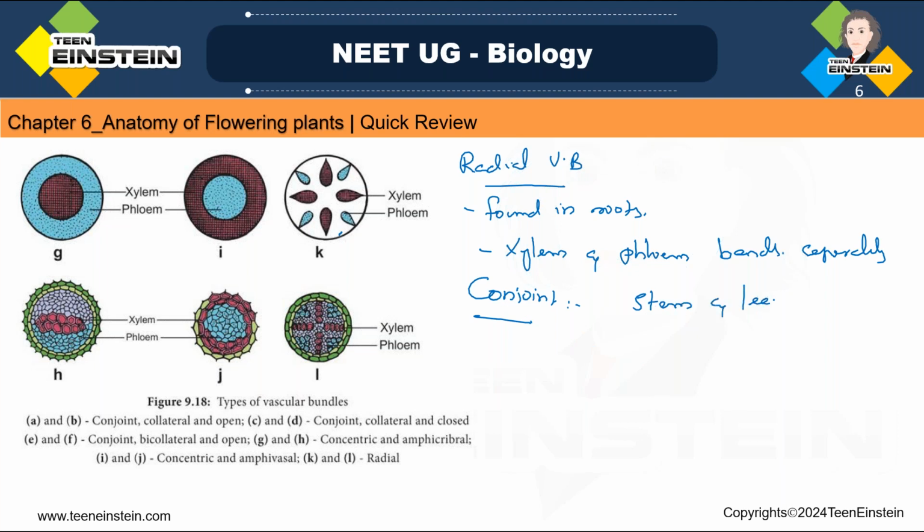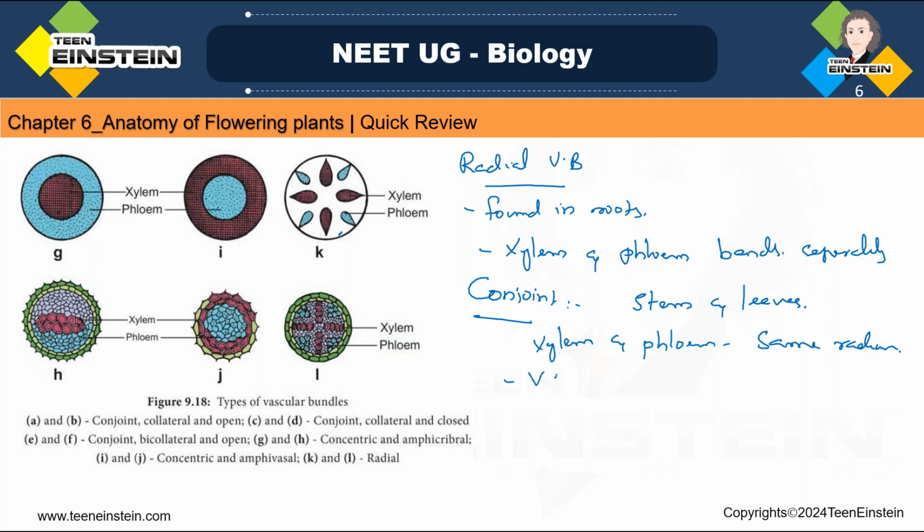In this, both xylem and phloem are situated at the same radius, and they are produced by cell division in the vascular cambium.